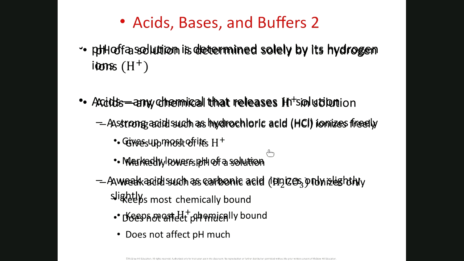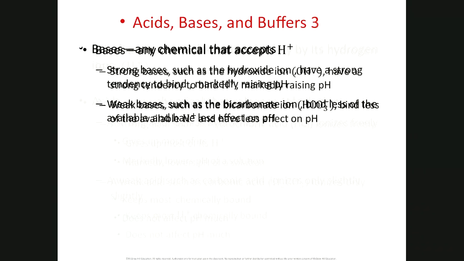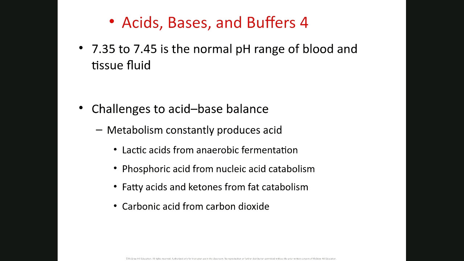And there's also strong and weak acids. Now, bases also have strong and weak bases, where strong bases like hydroxide ion help to take in and raise pH faster. A base is any chemical that accepts H ions because it doesn't have H ions. So a base is an electron or H ion acceptor, while an acid is a donor.